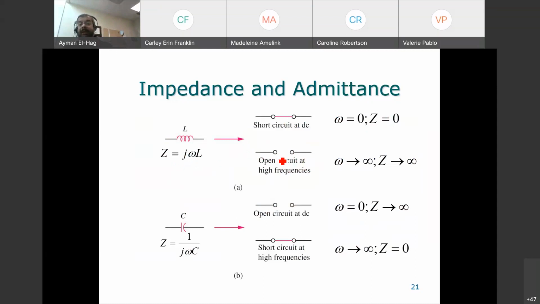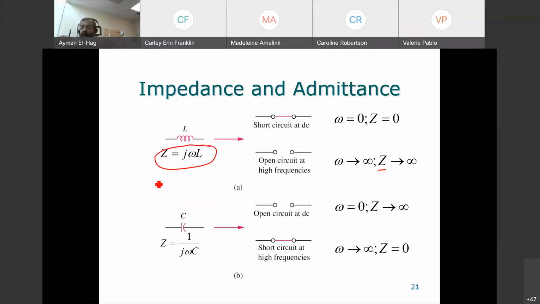Now, when you work at a very high frequency, of course, there is nothing called infinity in reality, but if you go for very, very high frequency, you can look at it as if it's infinity, then Z itself becomes infinity. So it becomes like an open circuit. So here, the inductor behaves at the two extremes, from short circuit to open circuit. In between, it is j omega L.